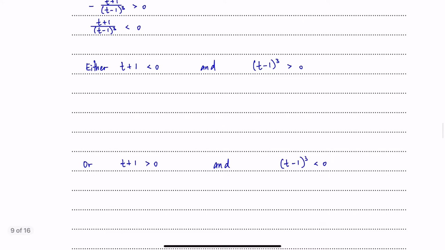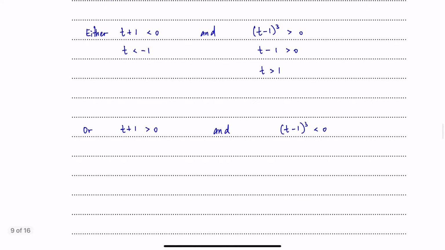So to get t plus 1 less than 0, we have t less than negative 1. And in this case, we have t minus 1 more than 0 and t more than 1. So we can draw a number line. This is negative 1 and this is 1. T less than negative 1 is this part, t more than 1 is this part over here.